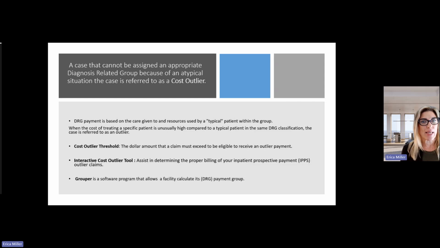A diagnosis related group payment, okay, is based on the care that is given to and the resources used by a typical patient within that diagnosis related group. When the cost of treating a specific patient is unusually high compared to a typical patient with that same DRG classification, the case is referred to as an outlier. Okay, an outlier.